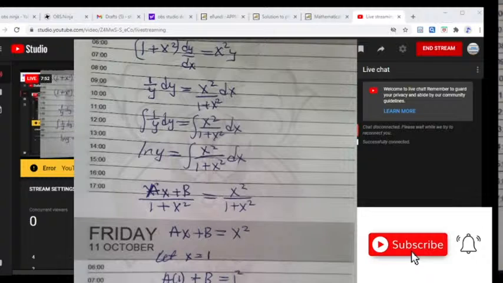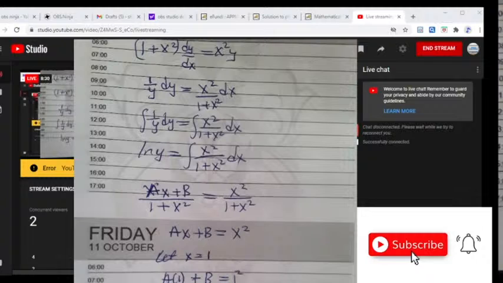But there is something about this type of equation that I'm going to show you. After you introduce your integral sign, when you integrate the left hand side of y, it doesn't give you a problem. But the moment you want to integrate the right hand side, that is where you have a problem.